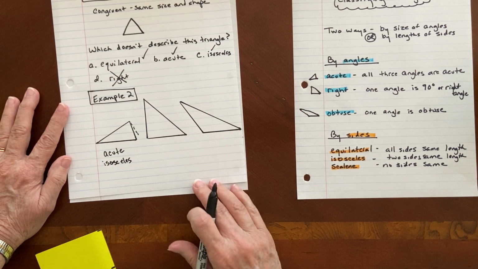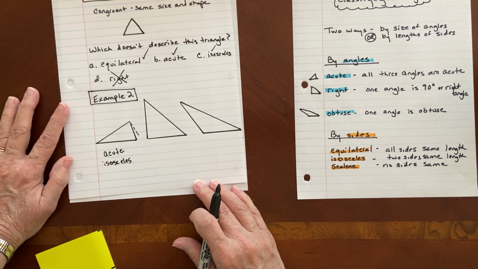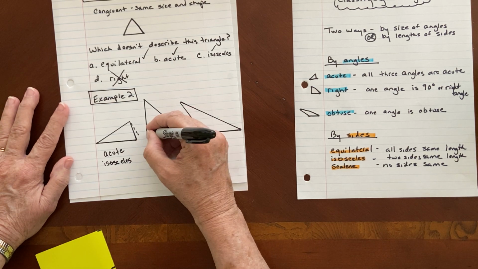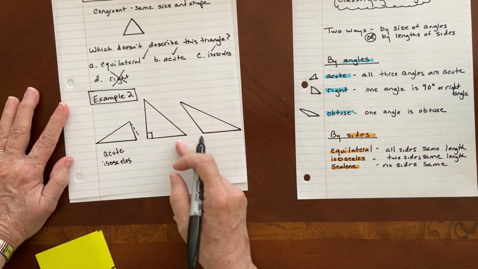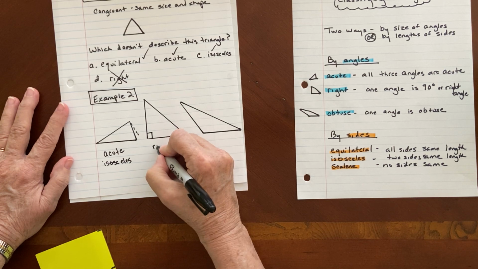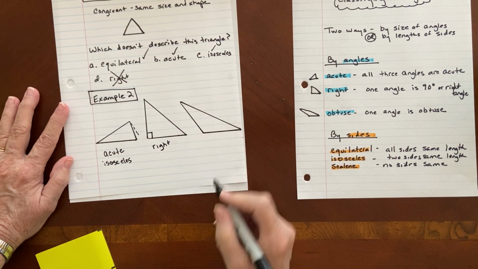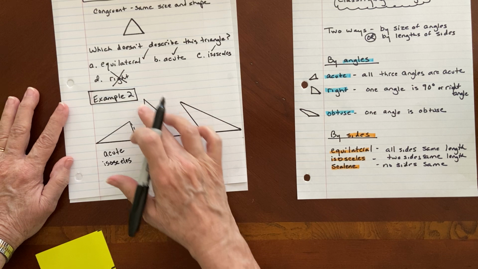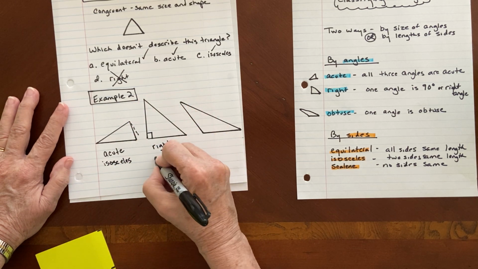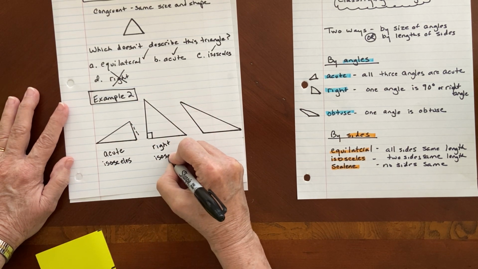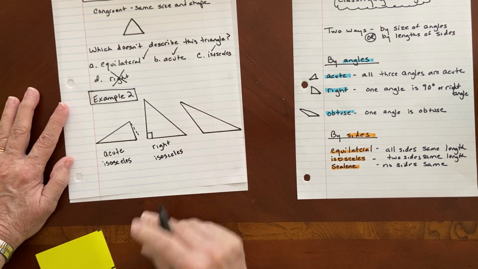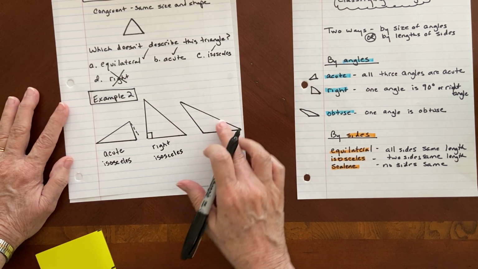Let's look at this one. Let's do it by angles first. I have one right angle, and I measured that, so I know it is. So that's a right. And I know those two sides are the same. That one was longer when I drew it, so it's also an isosceles triangle. And what about this one?